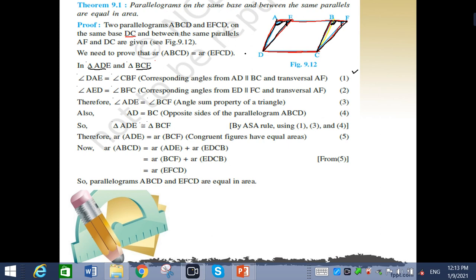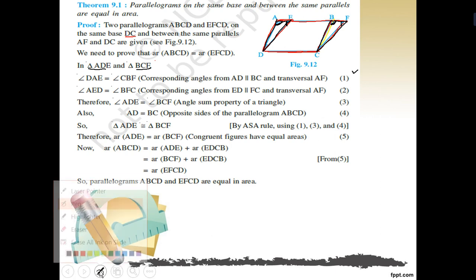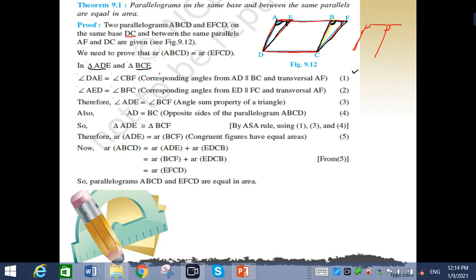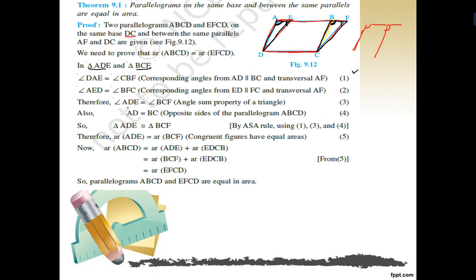Up to here it is clear. Therefore, in triangles ADE and BCF, by the angle sum property of triangles, the remaining angles are also equal. Now AD is equal to BC.